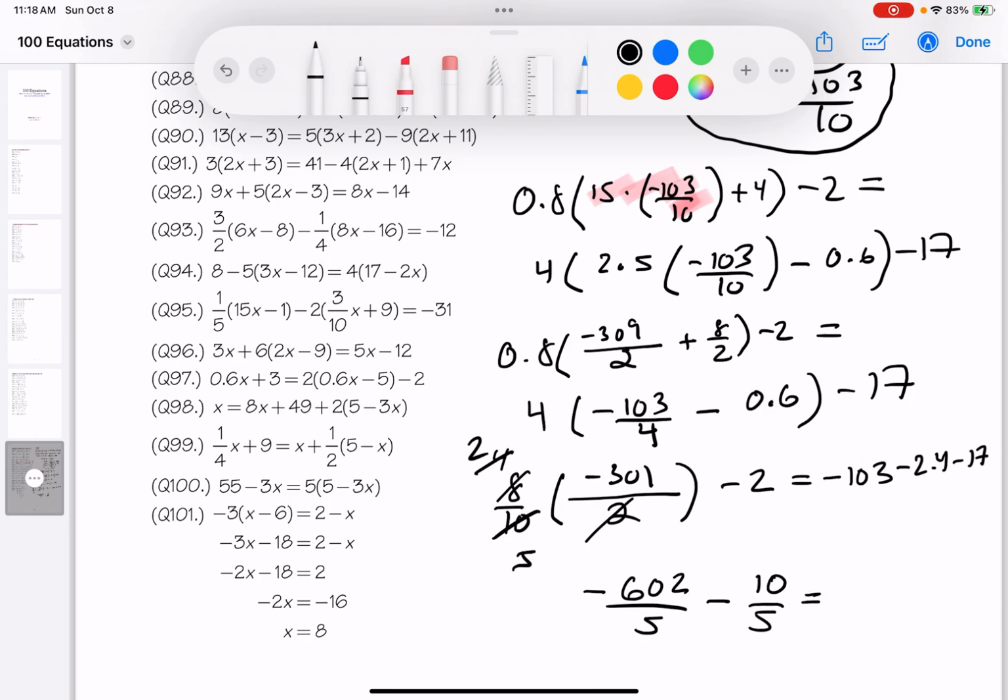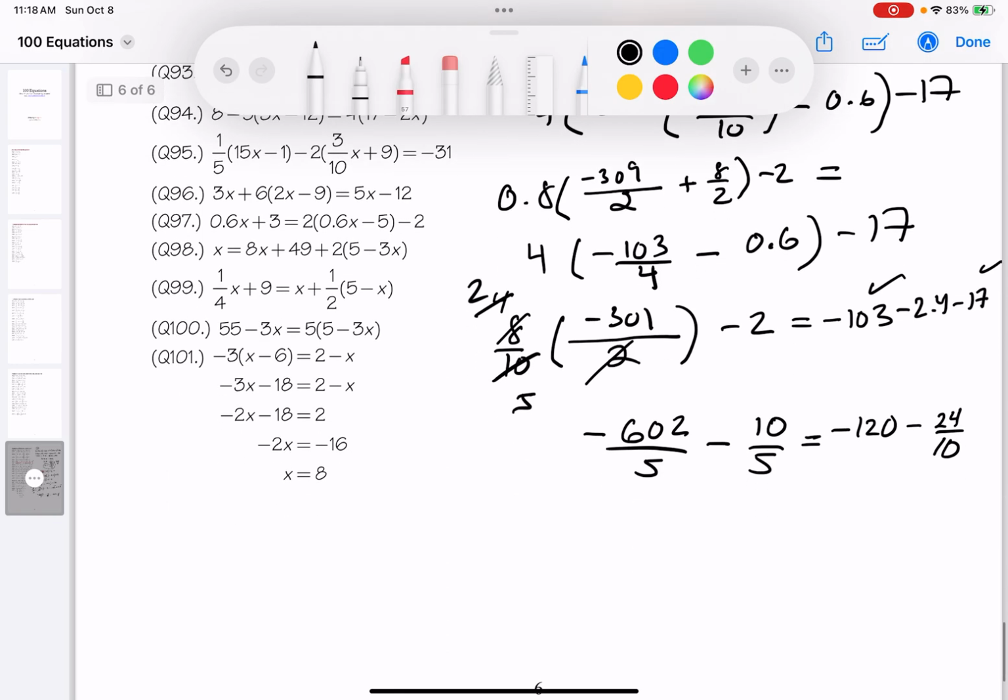Well, we're going to keep moving, don't we? And you might lose track of that. That's minus 120. I just took those two numbers, brought them together. And that, minus 2.4, I can write it as 24 tenths. This is problematic, isn't it? What do you have here? Minus 612 over 5.